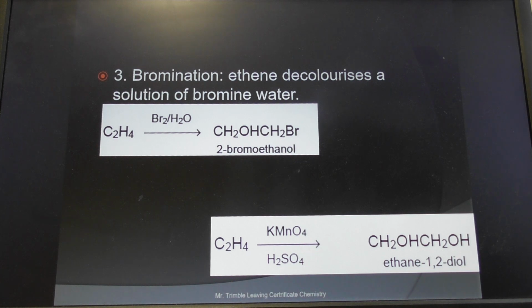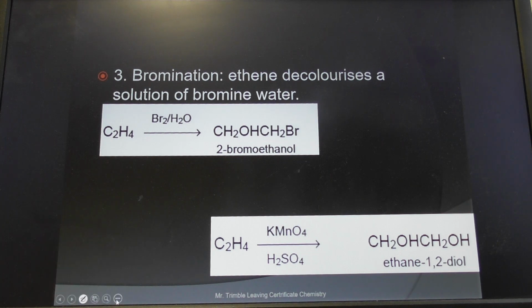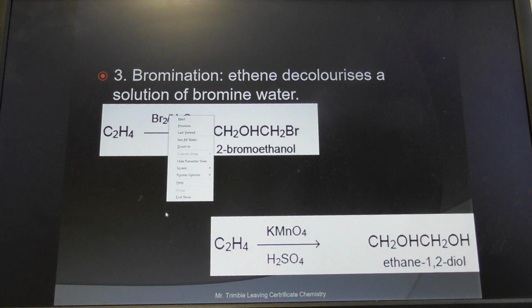Now what exactly happens there is quite simple. I'll give you the brief version, and then next year you'll look at the more complicated version.